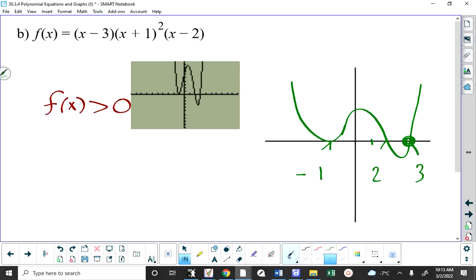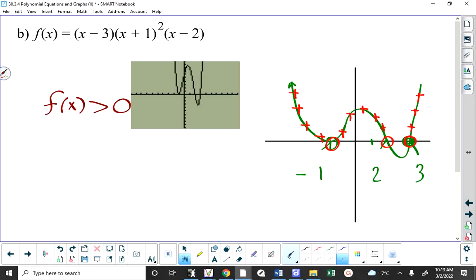So where is f of x positive? It's positive in this region. It's also positive, not here, but it's also positive here. These are all places where it's 0, and it's also positive here. There are 3 intervals that this is positive in.